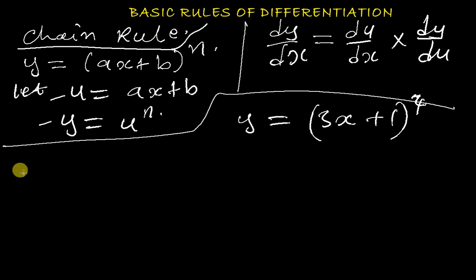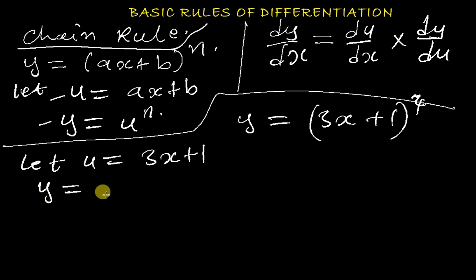Okay, so the first function that we have in this expression is u, so you say let u be equal to 3x plus 1, and then the value of y becomes, while there is 3x plus 1, we put u, and then to the power 4. So we have the first equation, which is u equals this one, and this one as the second equation.